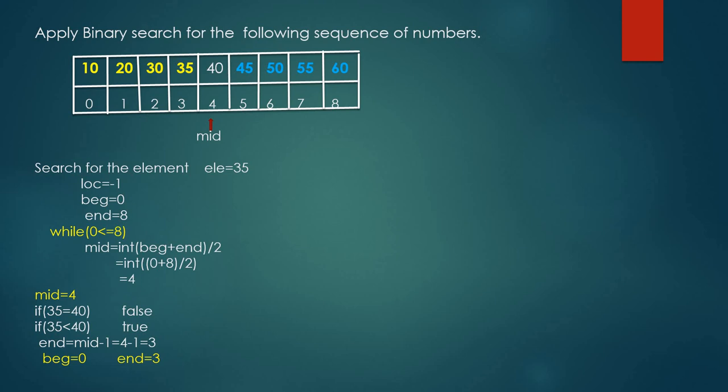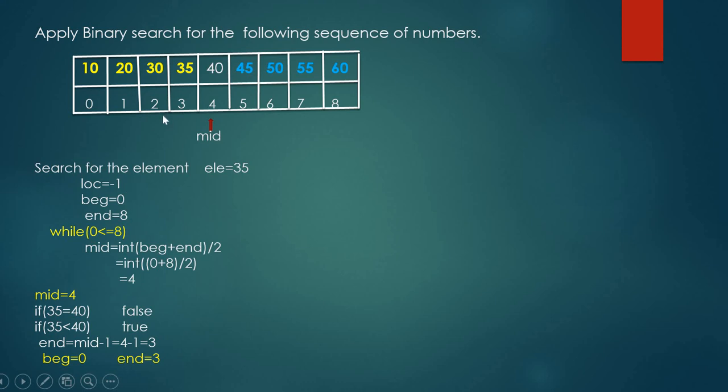But if the array is in sorted order, first we find the middle position. That is 5,000, and in the first iteration itself we can avoid those 5,000 elements. Next, again we find the middle position, and we can avoid 2,500. Like that we can reduce the array and the number of comparisons. In binary search, the number of comparisons is very small.